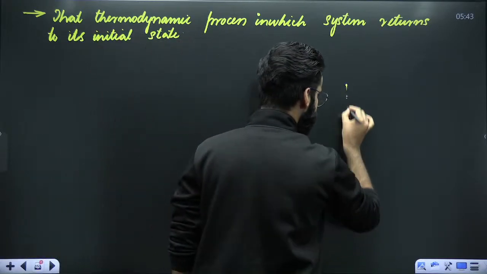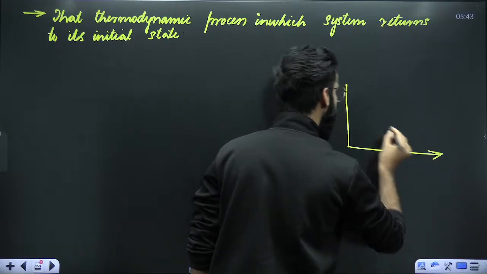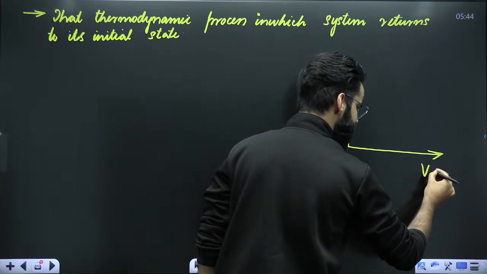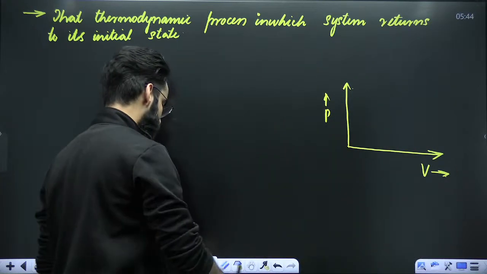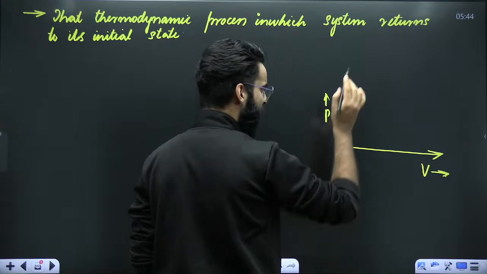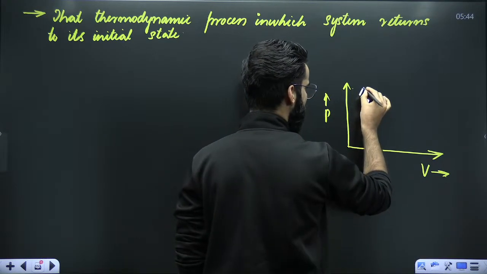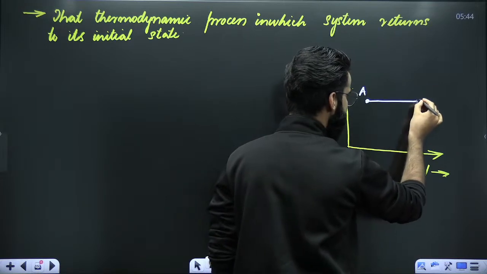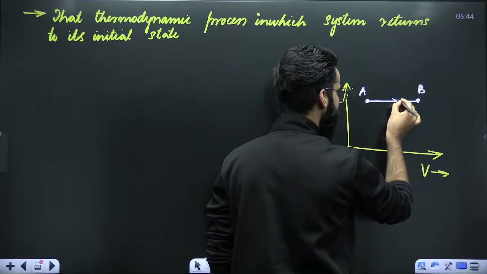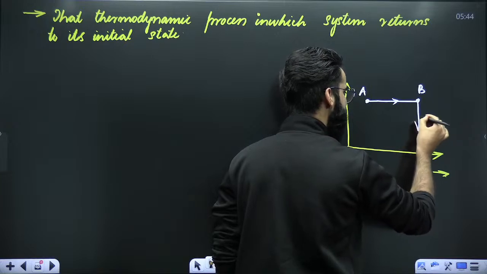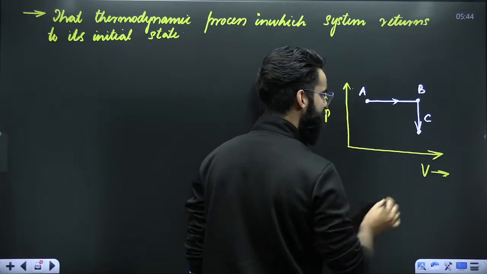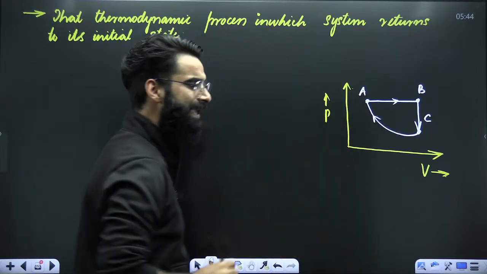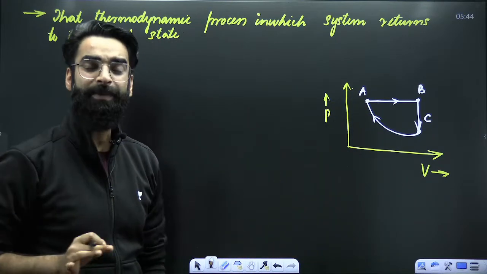For example, I'm going to plot a PV curve over here. This axis represents the pressure axis. This axis represents the volume axis. Now, my dear students, I'm starting from point A. Let's assume that first I'm going from point A to point B, then from point B to point C, and from C I'm again coming back to A. So what has happened exactly?